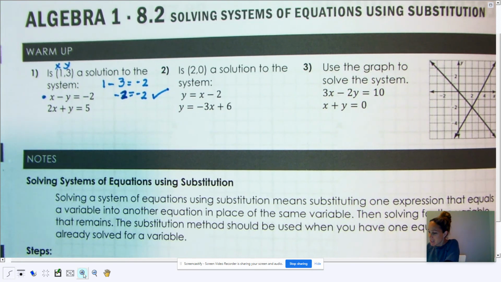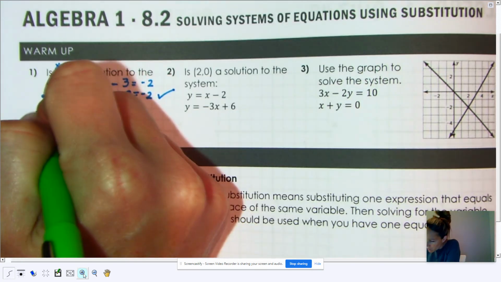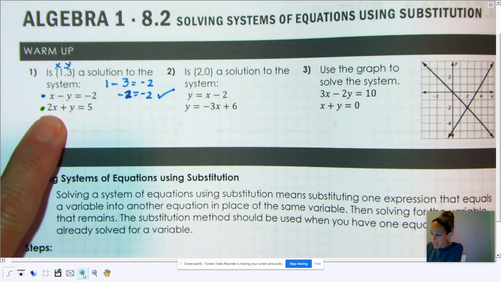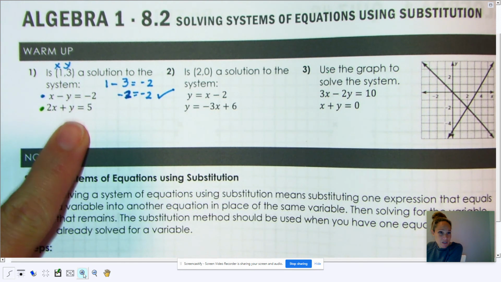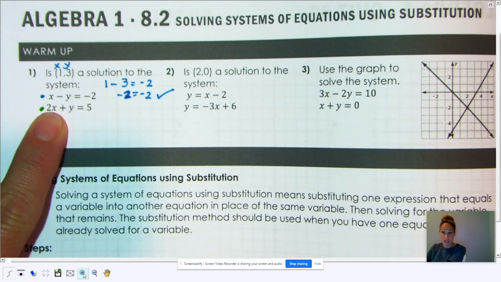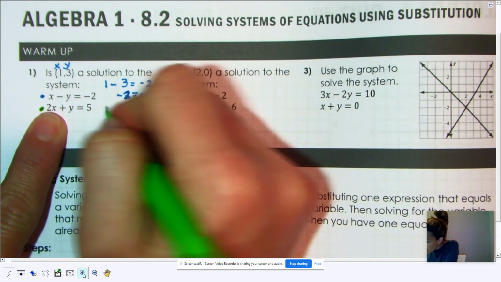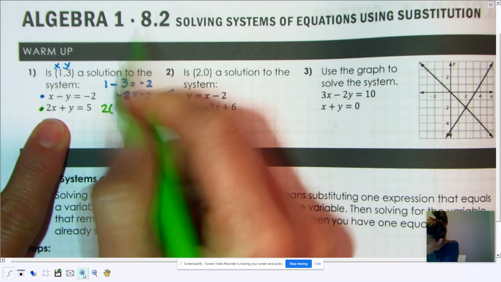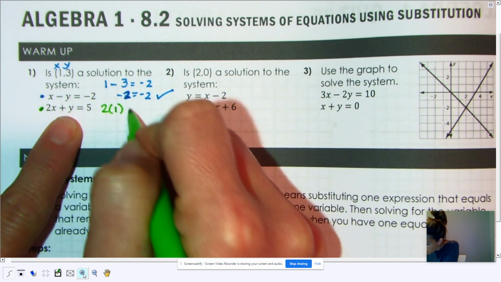Then we're going to do the same thing for the other equation. I'm going to do this one in green. Every time I get to an x, I'm going to put in a 1. When I get to y, I'm going to put in a 3. Remember that when we have a number stuck to a letter, that means multiplication. So when I put it in, I'm going to use parentheses. I know the value of x is 1 for this point.